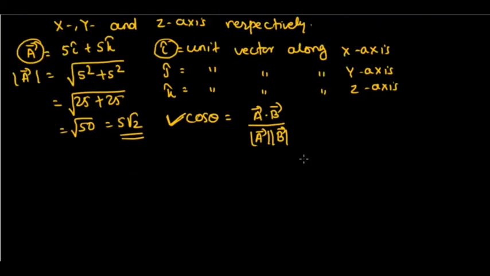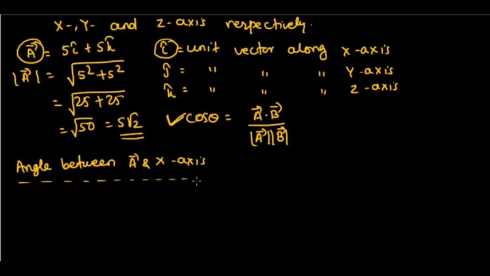So let us find the angle between a vector and the x axis, that is, between a vector and I cap, because x axis or I cap is the unit vector along x axis.